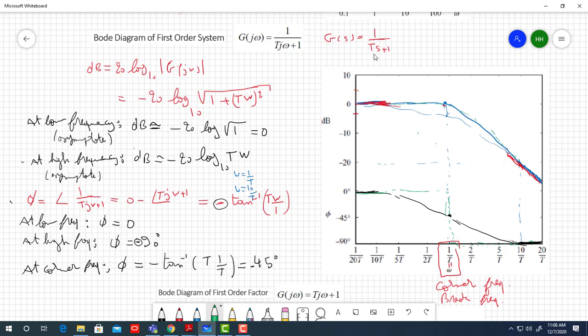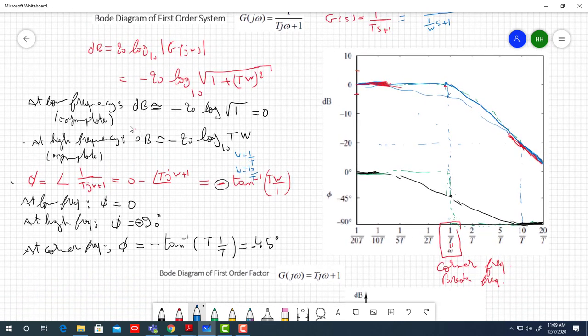You could write it as 1 over s over omega plus 1, because t is 1 over omega, and this omega is the cut-off frequency, the corner frequency, or the break frequency of your first order system. That's how it looks, and we draw it by following the demonstration.